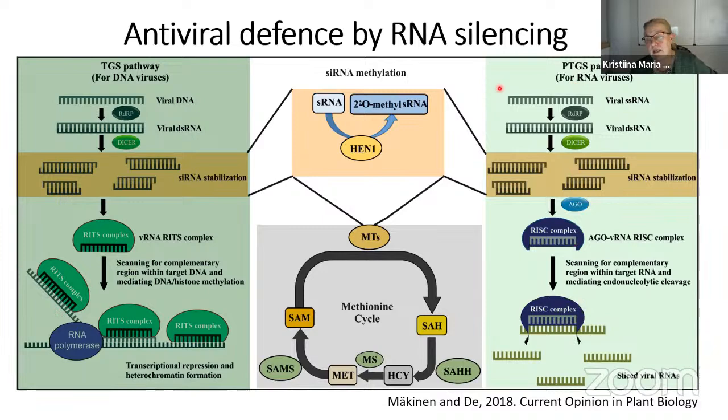As a consequence of the catalytic activity of the Dicer enzyme, small RNAs are produced, and these small RNAs are stabilized by methylation, which is carried out by HEN1 methyltransferase. HEN1 methyltransferase uses S-adenosyl methionine as the methyl donor in this reaction.